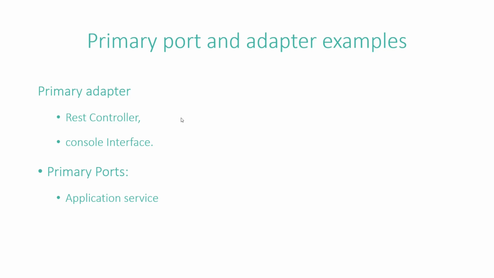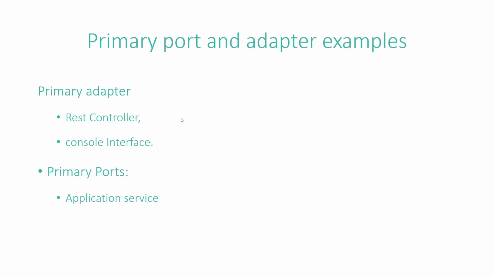A primary adapter in our application can be a REST controller. This is the input into our application. There is the HTTP layer, and through this layer the request goes deep into the business logic. It can also be a console interface. There are some commands which the user puts into the console and then expects some output.